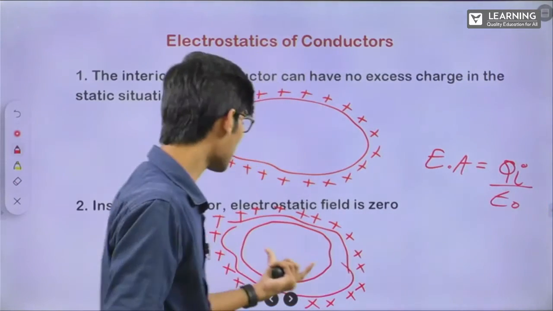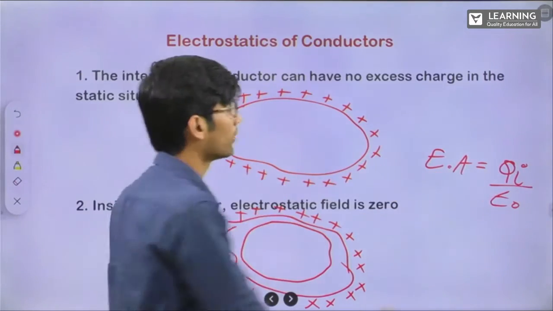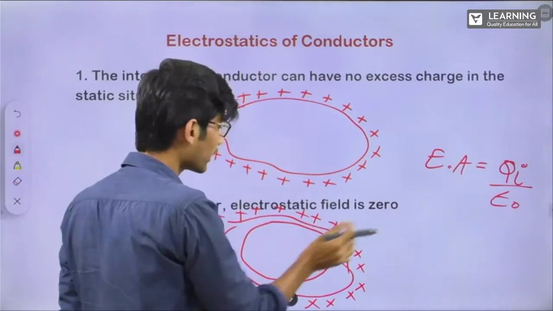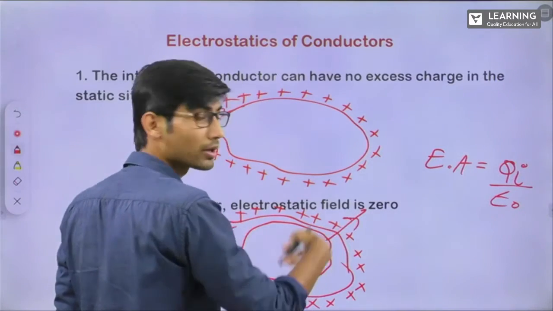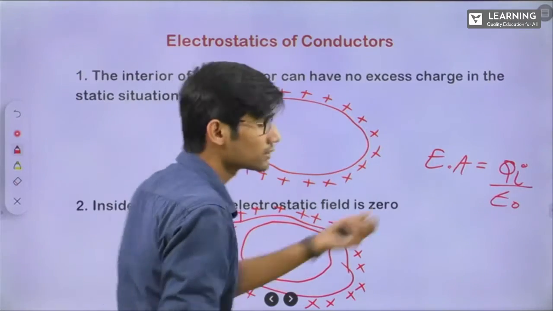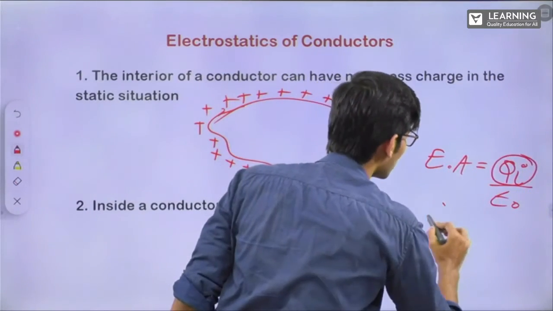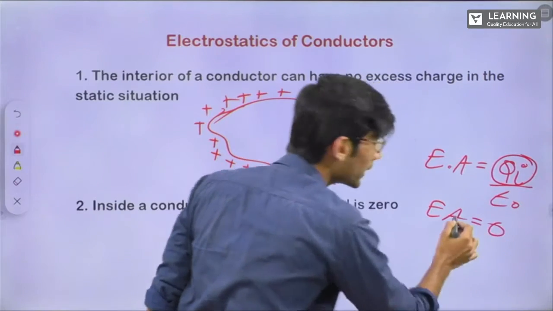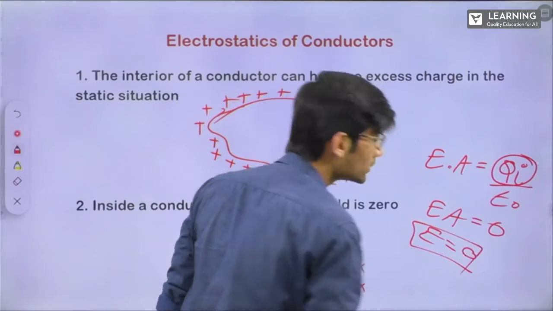Gauss law, it is a closed surface. E into A, with theta 0 degrees, because electric field will be perpendicular to the surface. Electric flux we take perpendicular to the surface. From here Q inside is equal to 0, so EA will be 0. Area is not 0, that means electric field is 0. Very simple.